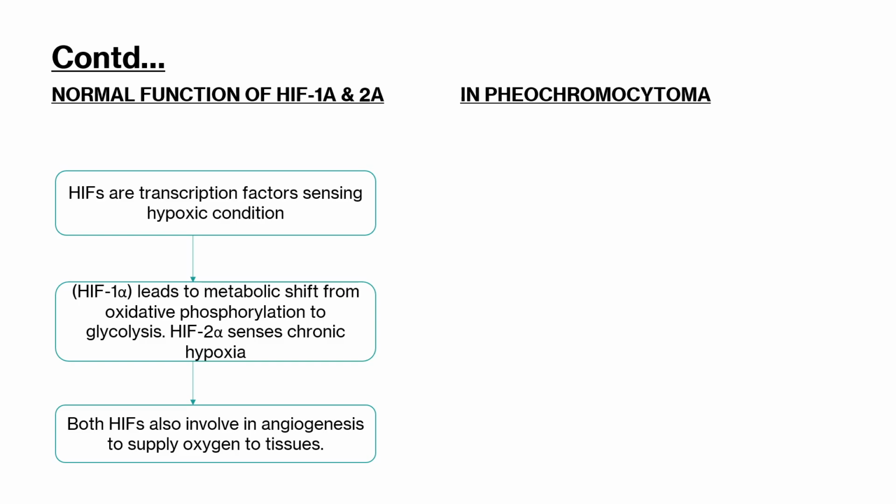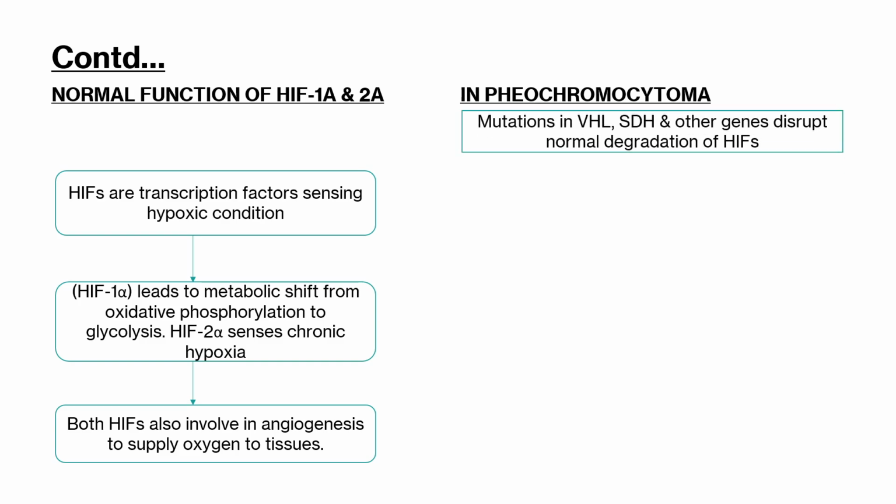But in case of pheochromocytoma, there is a mutation in VHL and SDH and other genes that disrupts the normal degradation of the hypoxia-induced factors. These factors are necessary once a hypoxic condition develops in the body, but once this condition is recovered, the hypoxia-induced factor needs to be degraded.